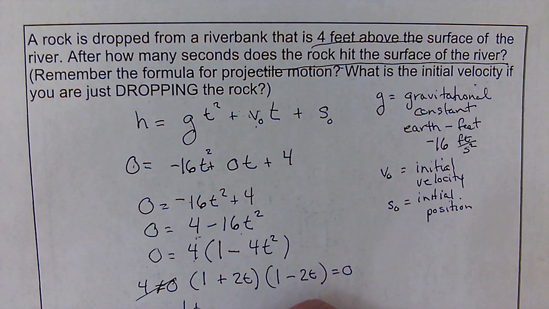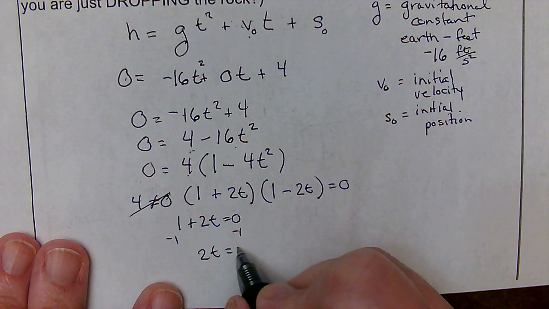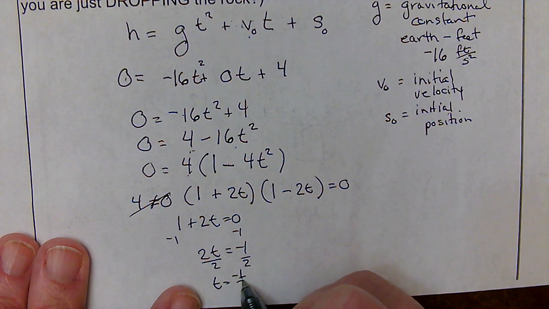So if 1 plus 2t equals 0, we subtract 1, and we get 2t equals -1. So you divide by 2, and you get t equals -1/2.